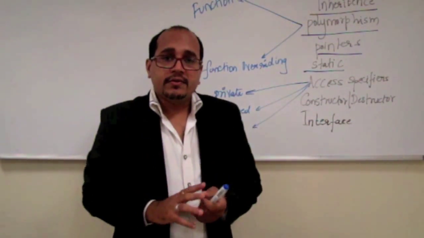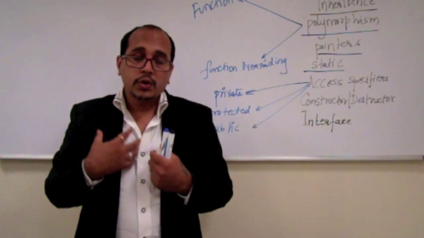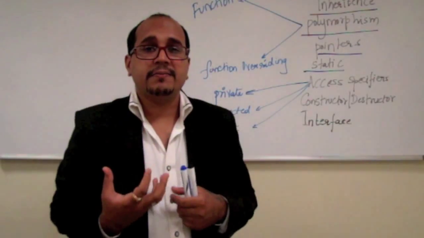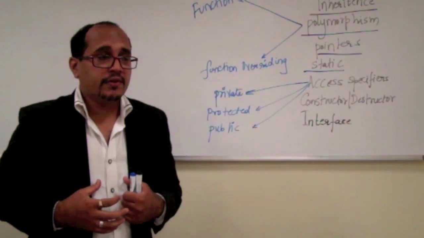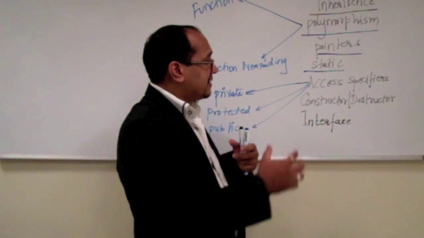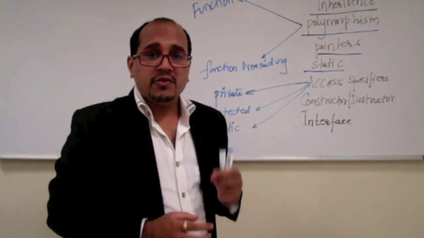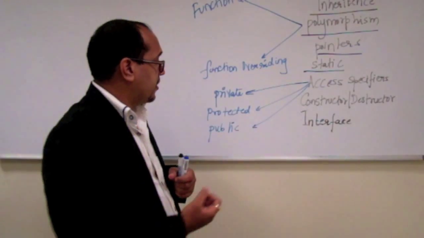Everyone has secrets which they want to keep within themselves. Only your own members or your own behavior can influence them. So we say such things should be private to yourself. So whenever you have certain things which need to be private to an object, we say declare them private, which can be accessed only within the object itself.